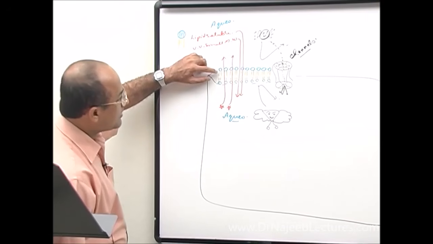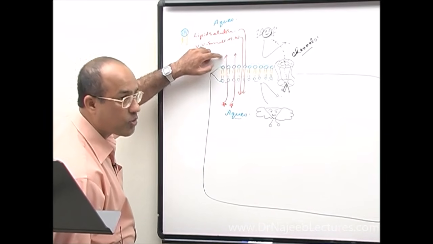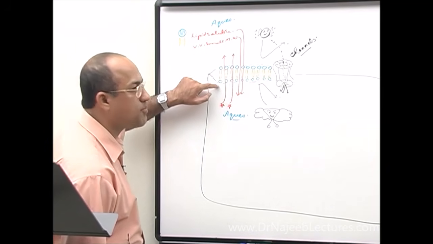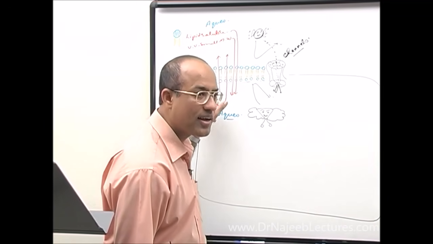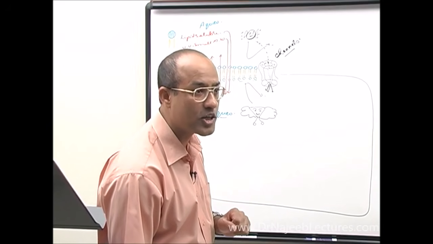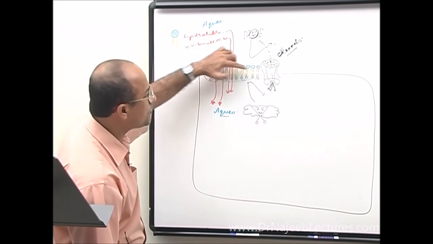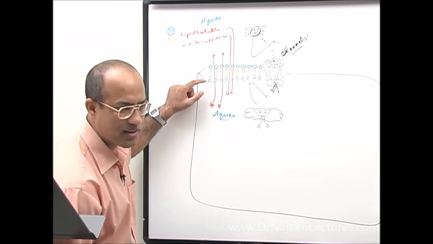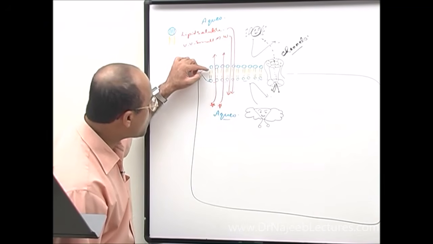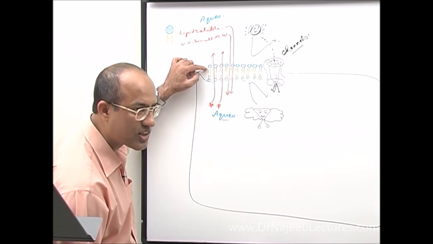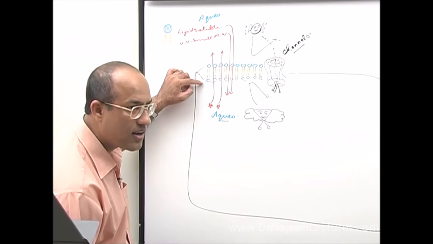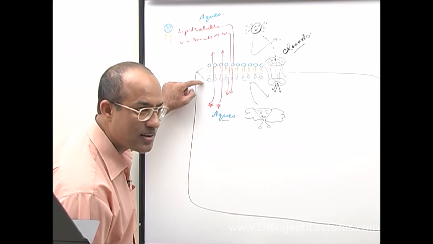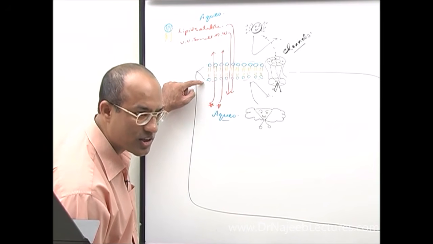Now, the phospholipids which are present in the outer leaflet are slightly different from the phospholipids which are present in the inner leaflet. It means the phospholipids of the outer leaflet and inner leaflet are not identical. So the outer leaflet phospholipid structure and the inner leaflet phospholipid structure are not symmetrical. They are having asymmetry. What do we call this term?